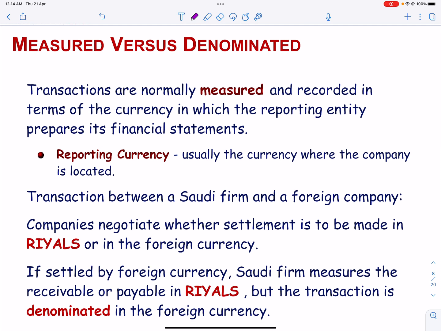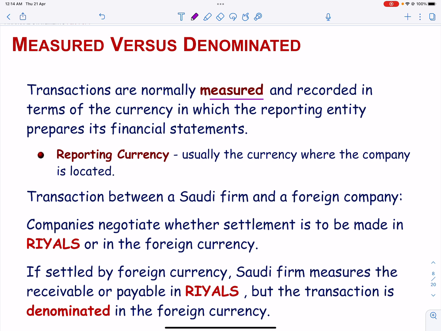Translations are normally measured and recorded in terms of the currency in which the reporting entity prepares its financial statements. Just keep in mind that we are talking about a Saudi firm, so the reporting currency is the Saudi riyal.